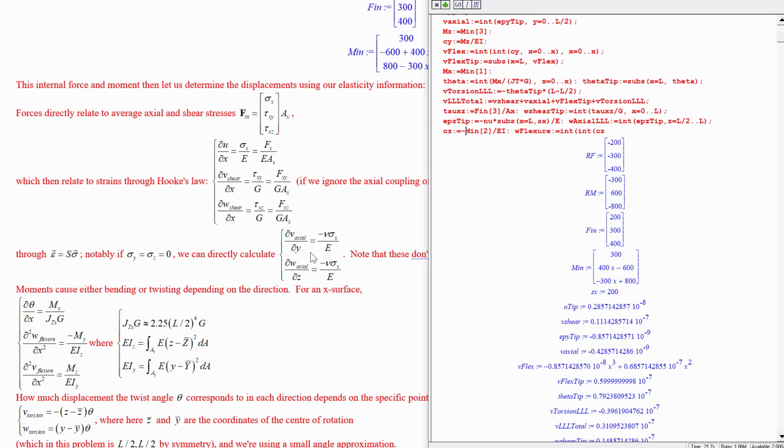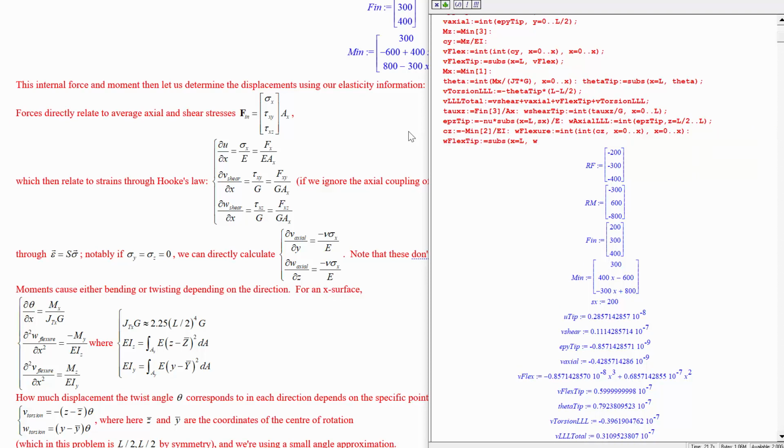Actually, I missed a negative sign there. This is the curvature in negative z. So integral of cz from x equals 0 to x, and then x is 0 to x again. And then we'll say w flexure tip is equal to subs x equals L into w flexure.